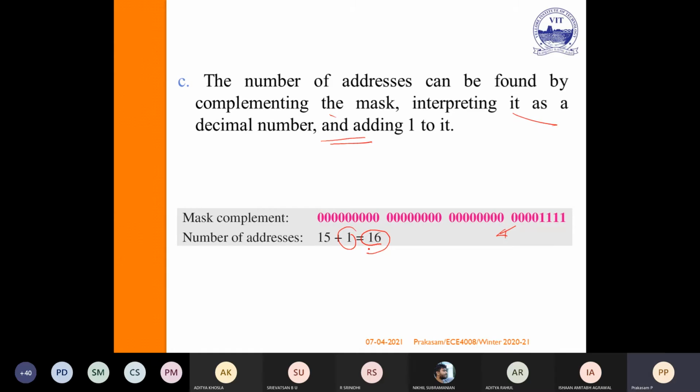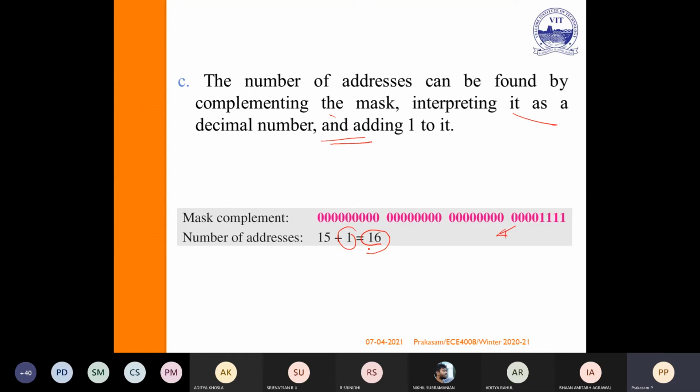It is very simple. Create the mask and do the AND operation between the given IP address and the mask to get the first IP address. Take the complement of the mask and do the OR operation to get the last IP address. Then take the complement of the mask, convert it into decimal, and add 1 to get the number of addresses.